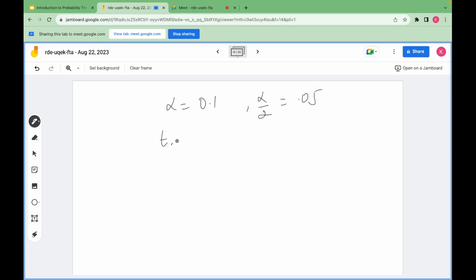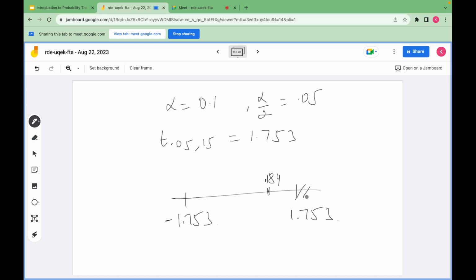So t 0.05 comma 15 is 1.753. In a two-tailed test we check whether the value is between minus 1.753 and 1.753, and our value was 0.184. So it is in between minus 1.753 and 1.753. These were the critical regions.